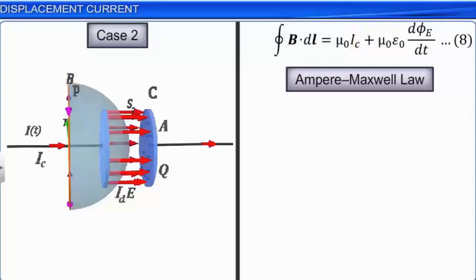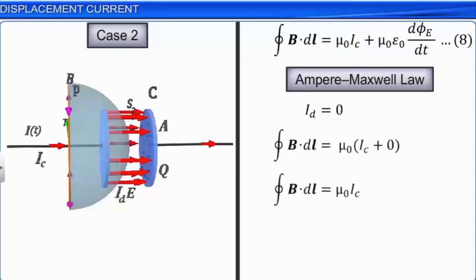If we consider the point P inside the capacitor plates, the source of the magnetic field at that point is only the displacement current, since the conduction current between the capacitor plates is 0. That is, integral over the closed loop B dot dl is equal to mu naught into ID.